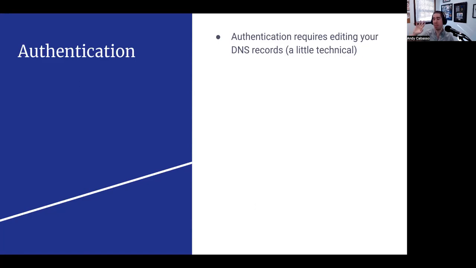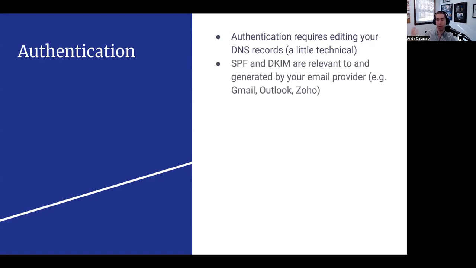This is not 100% true, but I'm just trying to summarize and keep it as simple as possible. In your domain, there are associated records for email, called MX records. You have records that show where your website is on the internet. Those are A records. And there are email authentication related records. There are three types that are particularly important: SPF, DKIM, and DMARC records.